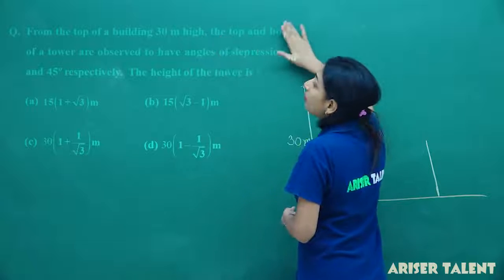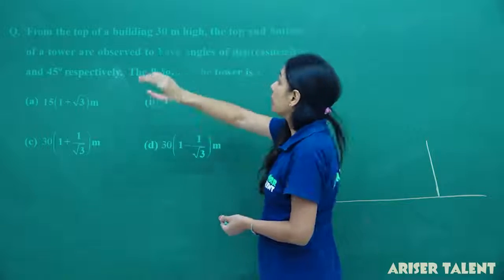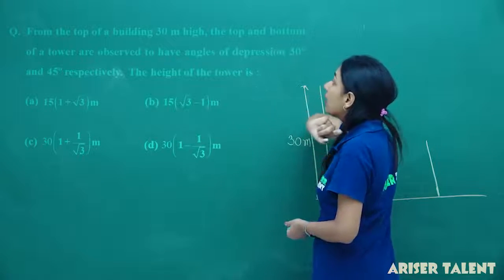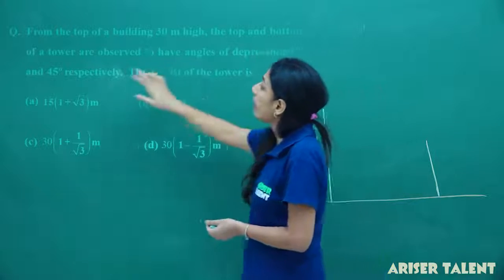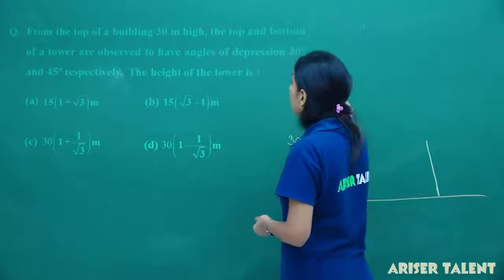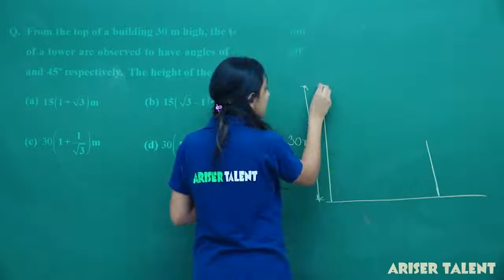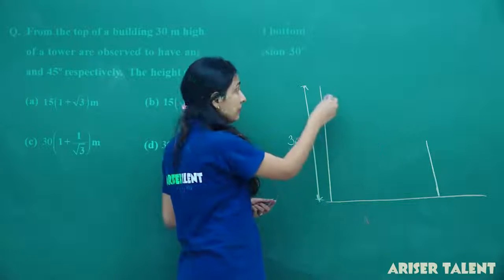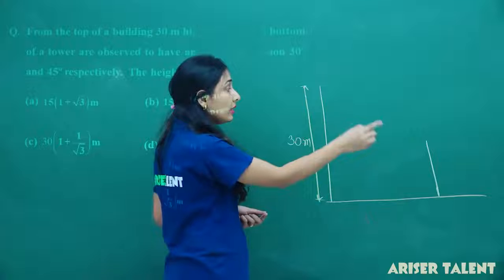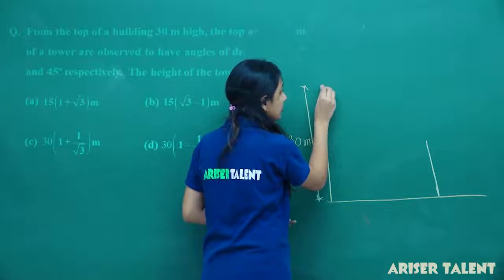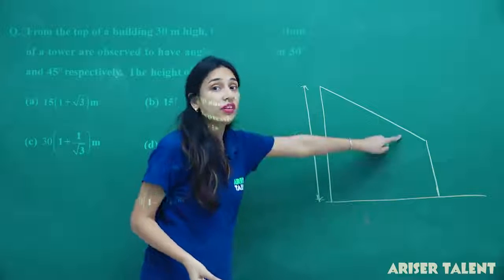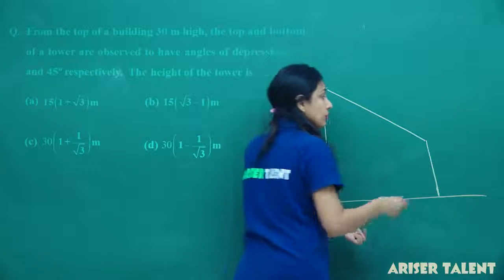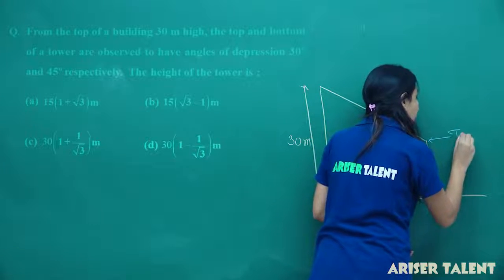The top and bottom of a tower are observed to have angles of depression, angles of depression 30 degree and 45 degree. Now, someone at the top is sighting this. This is what? Top of the tower.